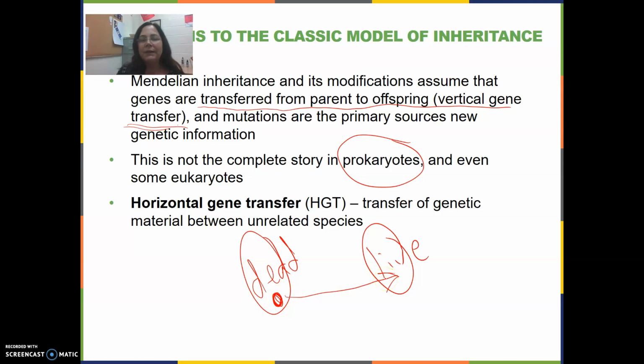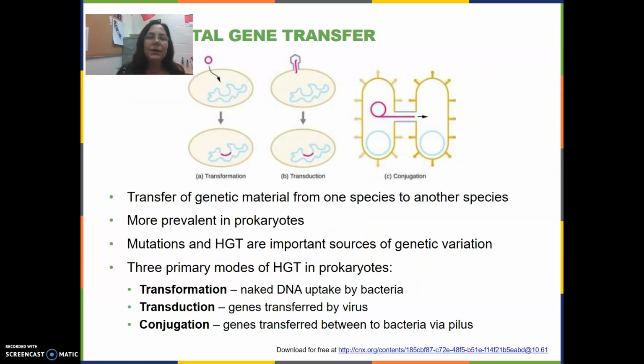Frederick Griffith showed us that, if you remember. So that's horizontal gene transfer. This bacterium could be the one that causes strep throat, streptococcus, and this one could be E. coli. They can be completely unrelated and the genes be transferred from one to another.